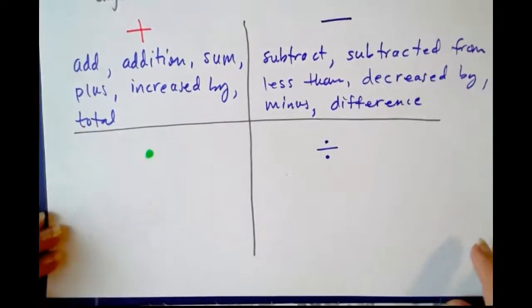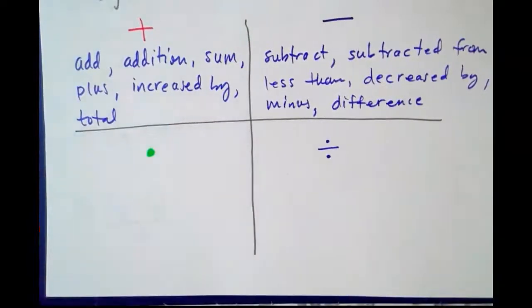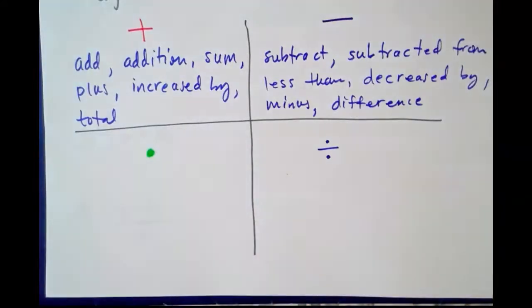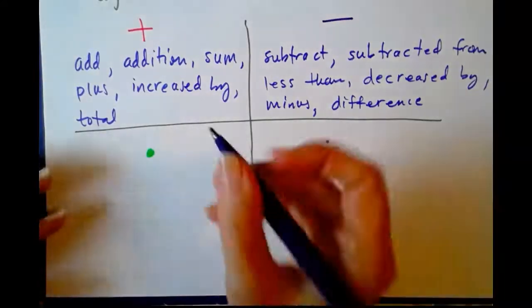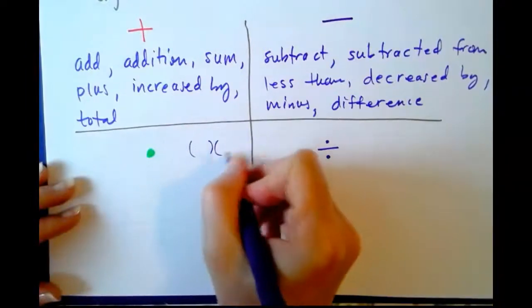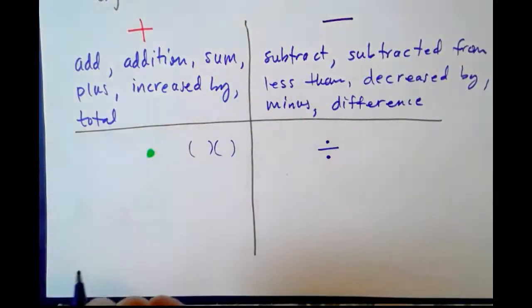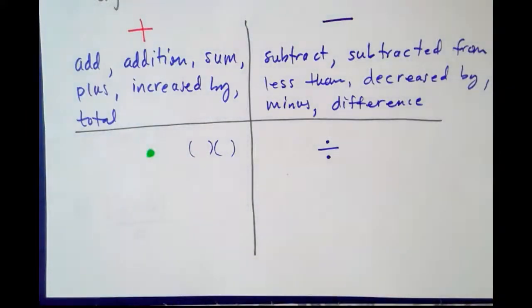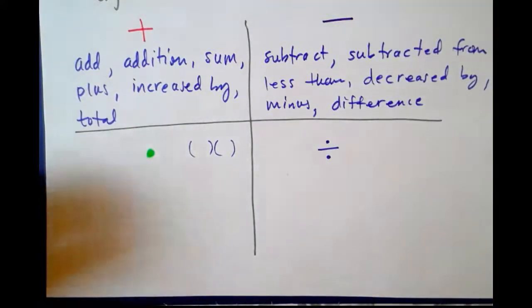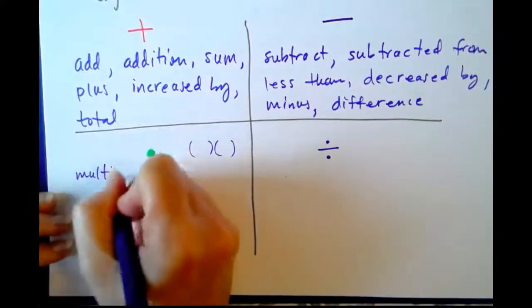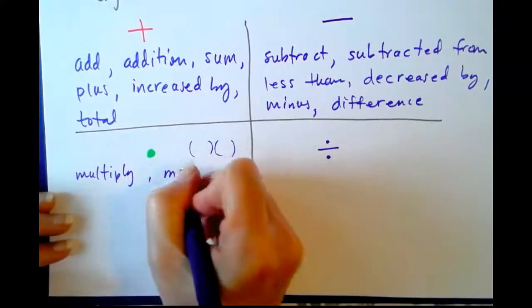Now, just a reminder that in Algebra 1 we're going to let x be x, and when we see a dot, we know that that is multiplication. Also meaning multiplication would be parentheses butted up against each other. But what are some words that indicate multiplication? Obviously, multiply or multiplied by.